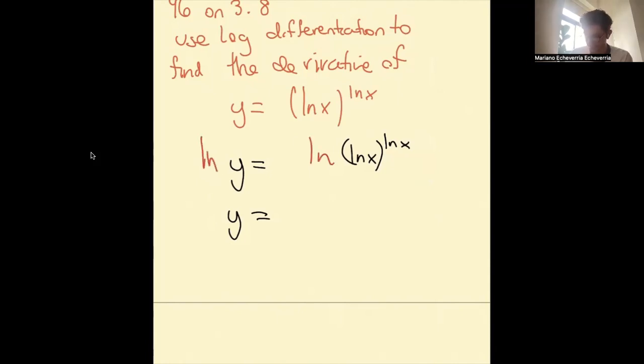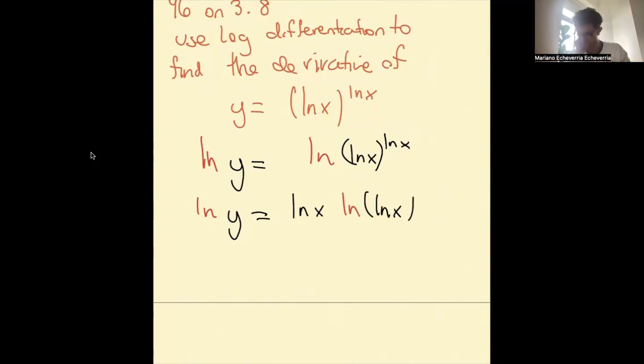Yeah, now it looks a lot better. The thing is that this is just some number raised to an exponent, right? So the properties of the natural log allow you to take the exponent down. So this exponent, you can move it to the front, so you get ln of x times ln of x.